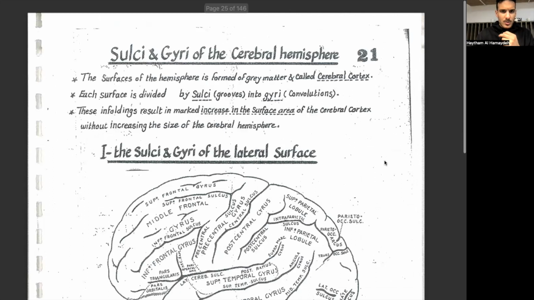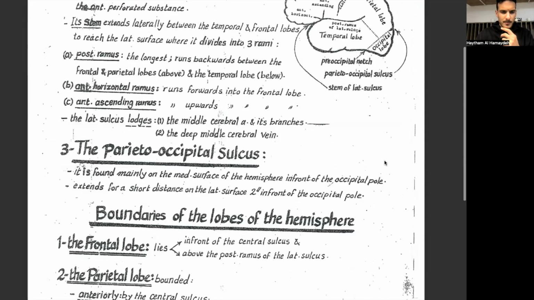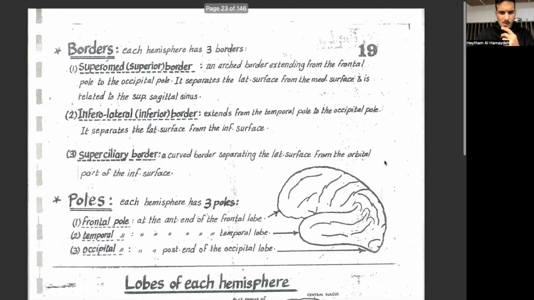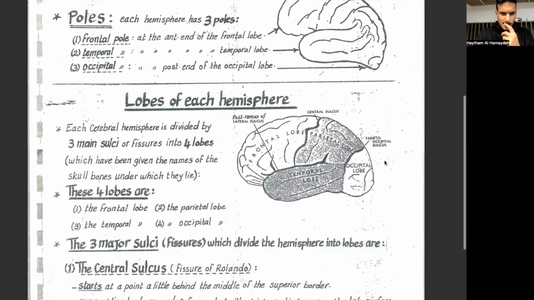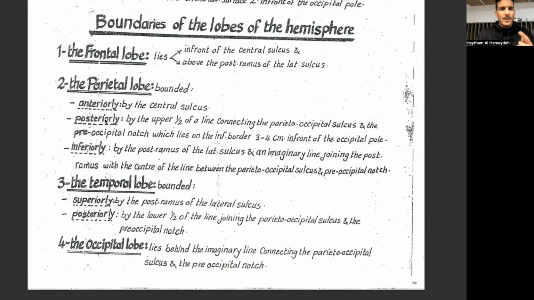All right. So where did we go? Right here. So central sulcus, yes, that's done. Okay. So it is bounded posteriorly by the upper half of the line connecting the parieto-occipital sulcus and the pre-occipital notch, which lies on the inferior border 3 centimeters in front of the occipital pole.